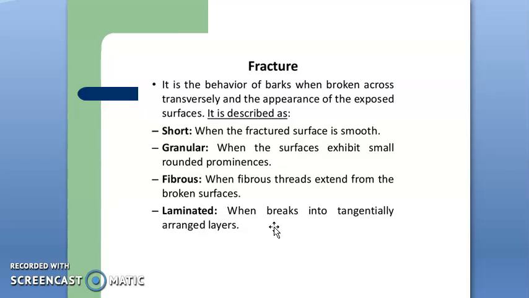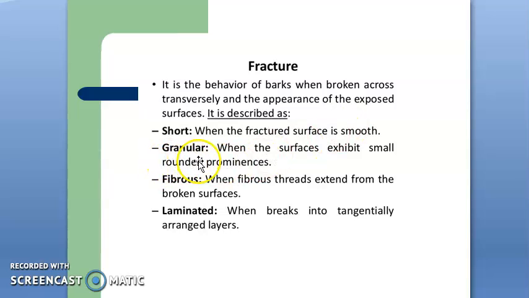So, the example for this fibrous fracture is Cinchona bark. The example for this laminated fracture is the Phyllia bark. In case of a broken surface with splinters, it means splintery fracture, which is mostly observed in cinnamon. And short fracture, when the fractured surface is smooth, is observed in cinnamon and kuruchi bark.